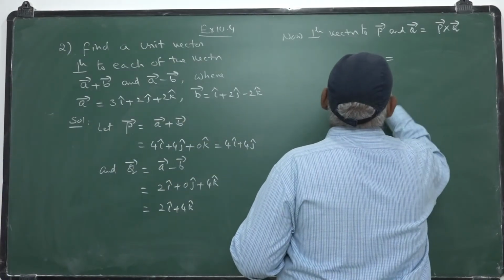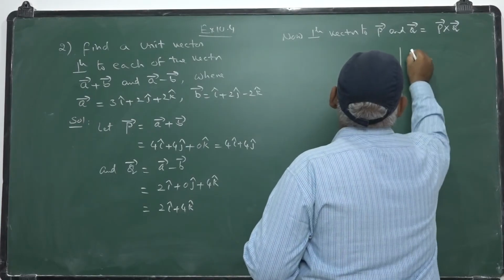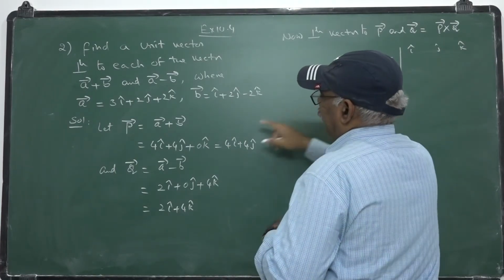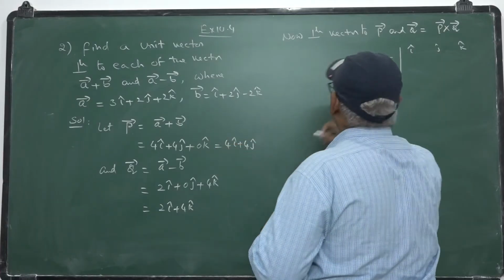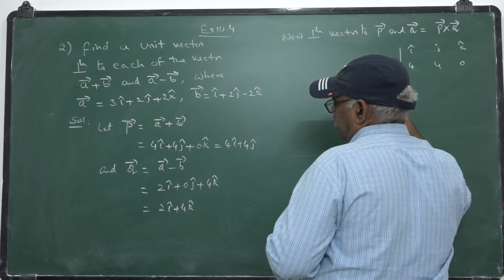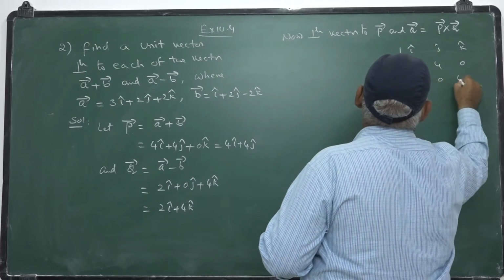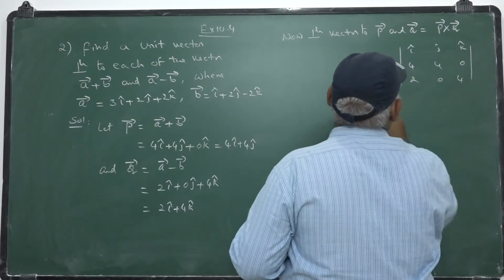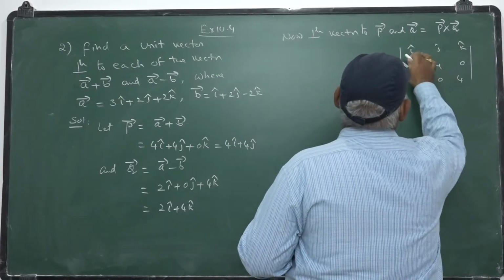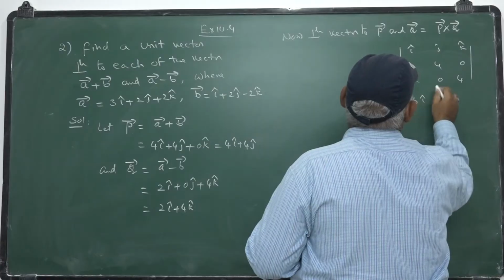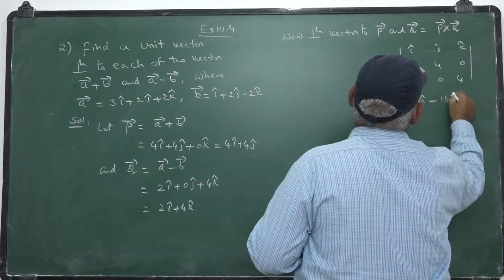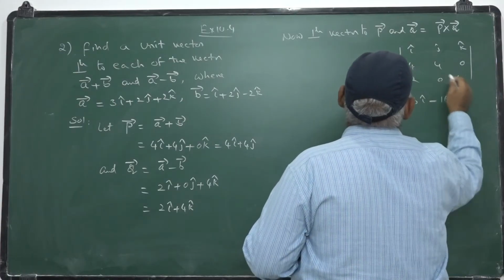That is obtained by the determinant of i j k. The components of p bar are 4, 4, 0. Components of q bar are 2, 0, 4. Evaluation of this p bar cross q bar: 16i. This is 16 minus 0, so minus 16j. This is 0 minus 8k.